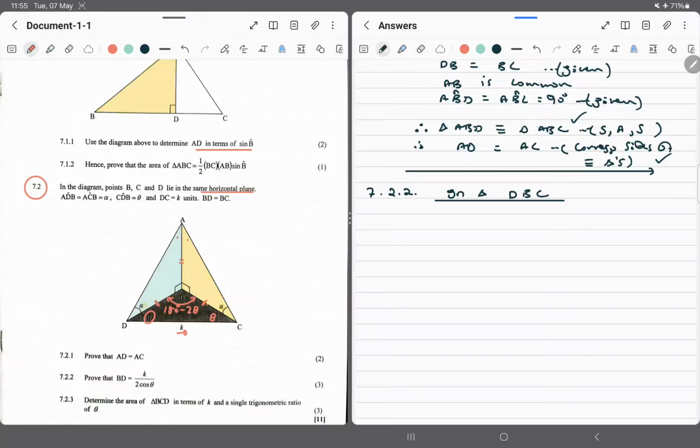And angle D. Remember, I stated the triangle. I don't need to use CDB, this business and that business, equal to theta. The reason here is these are angles opposite equal sides, given that DB is equal to BC.